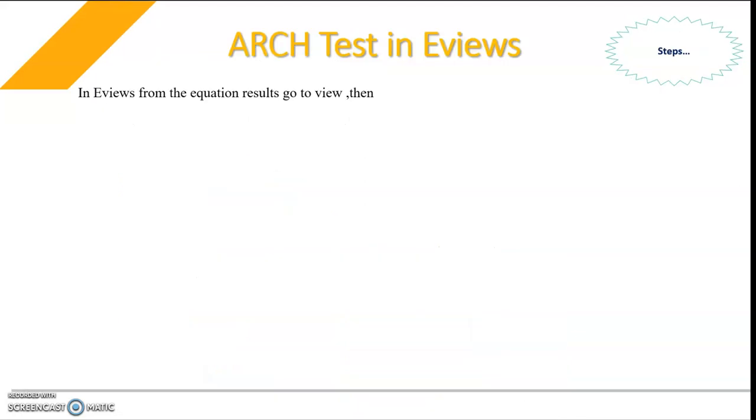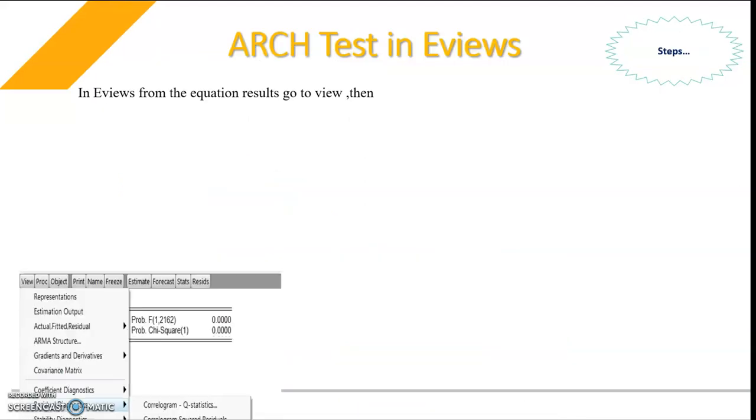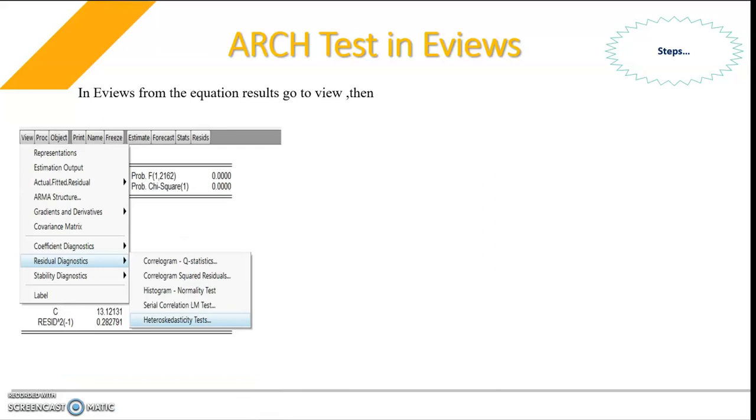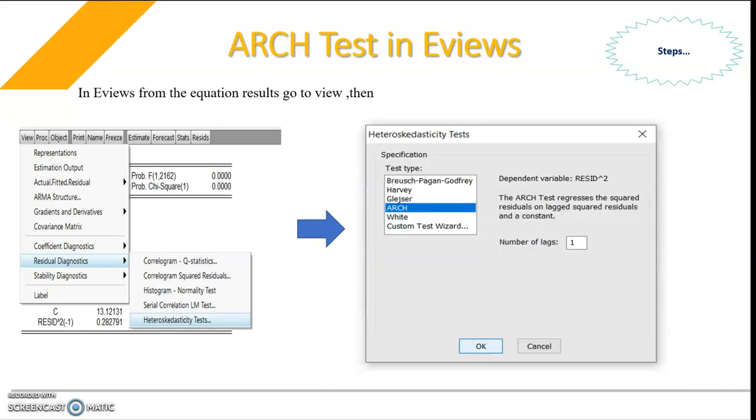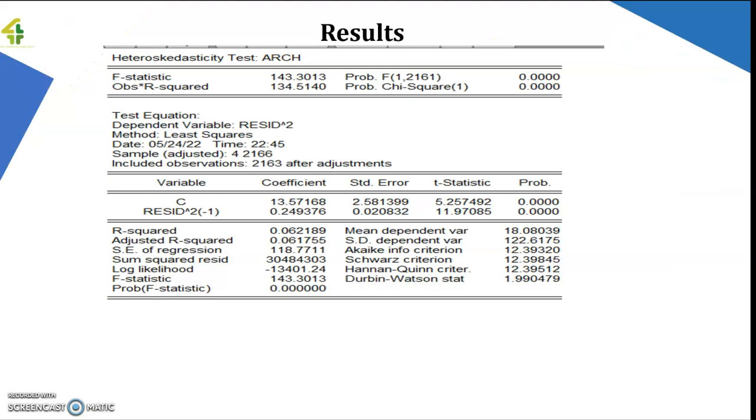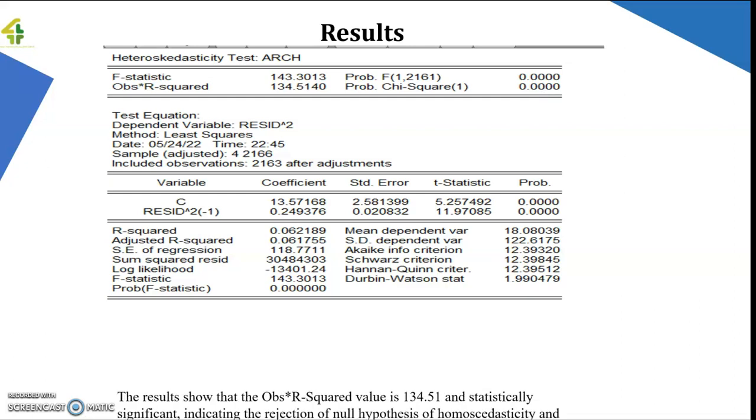So we will test for ARCH in EViews, and here is the procedure. On the equation toolbar, we will click on View and then Residual Diagnostics, and then we will click on Heteroscedasticity, and then we will click on ARCH, and then we will click OK, and then we have these results. And the p-value of the observed R-squared with chi-square 1 degree of freedom shows that there are ARCH effects.